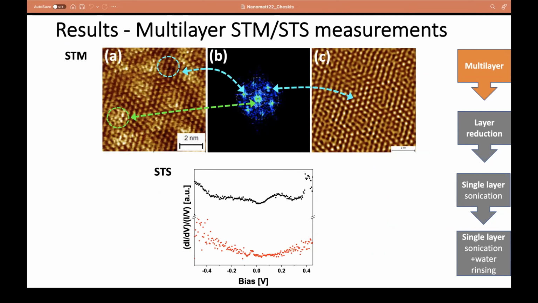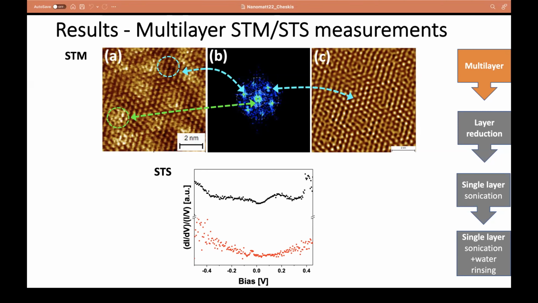Then we go to STM and STS measurements, and first of all, on energy measurements, we see that it behaves like we see in previous work experiments.